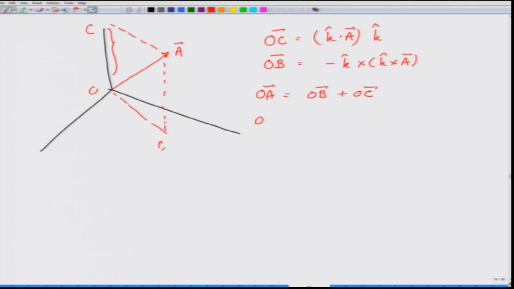So, a vector OA is nothing but minus k cross A plus k dot A k.